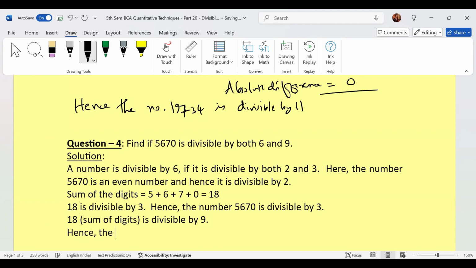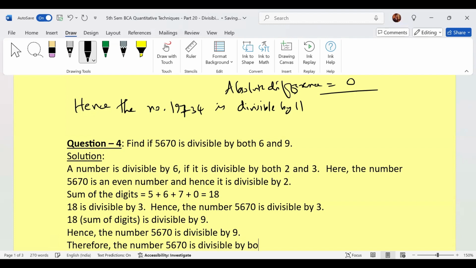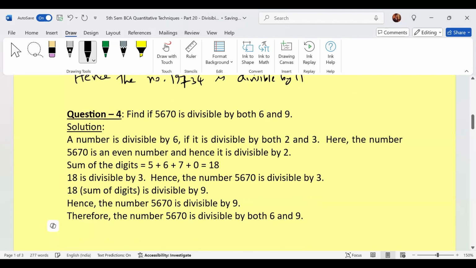Hence, the number 5670 is divisible by 9. Therefore, the number 5670 is divisible by both 6 and 9. So that will be the solution. Let us move on to the next question.